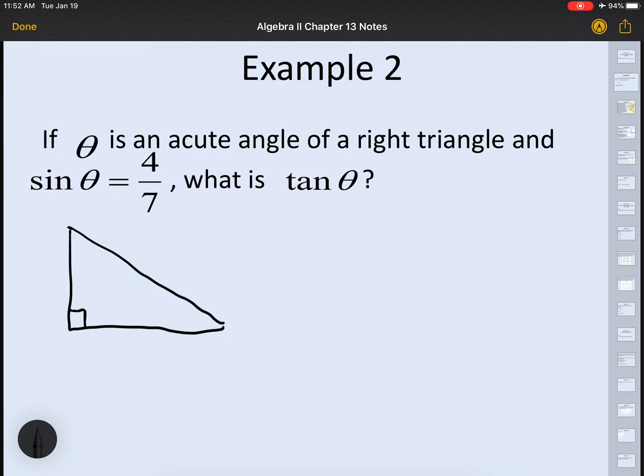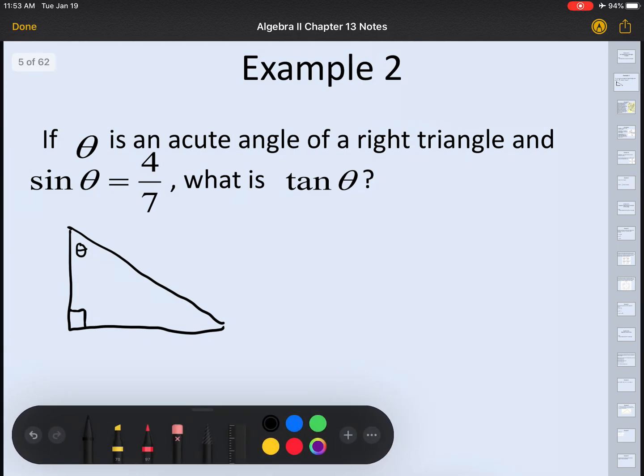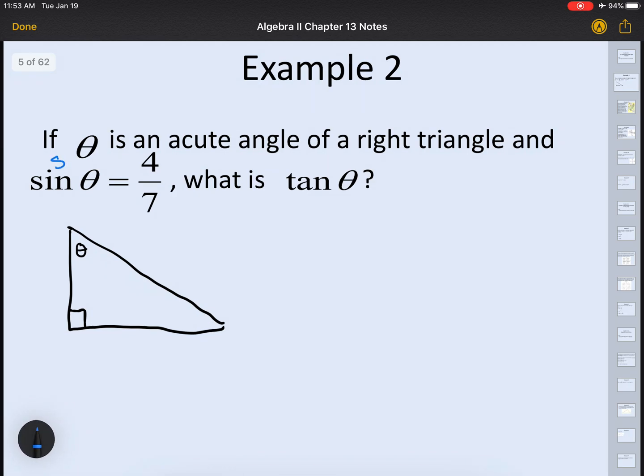We know it's a right triangle because we're dealing with all 6 trig functions, and it tells us that the sine of theta is 4 over 7, so let's make one angle theta. That's not the right angle. And if you remember, sine is SOH, which is the opposite on top. So the side opposite angle theta is 4.